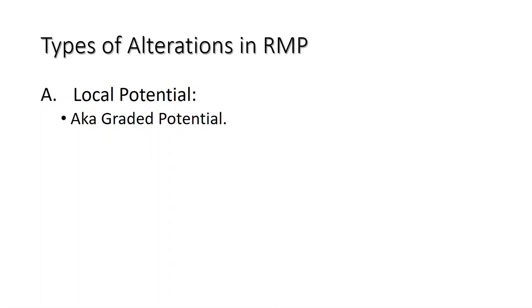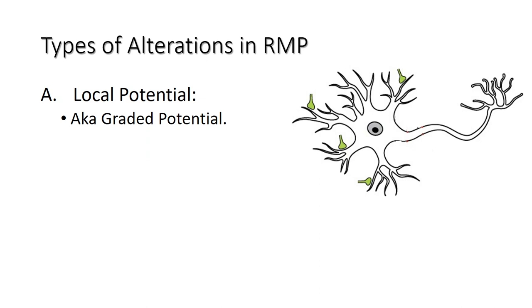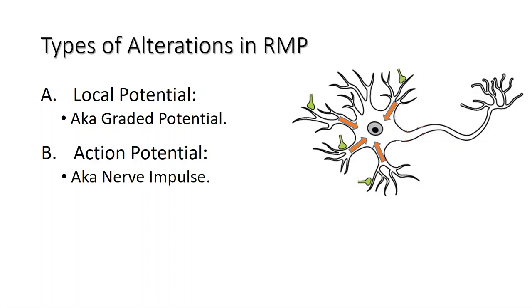The most important example of local potential is the electrical signal moving from dendrites to the cell body and eventually to the axon. The second and more familiar type of electrical signal is called the action potential, also known as the nerve impulse.